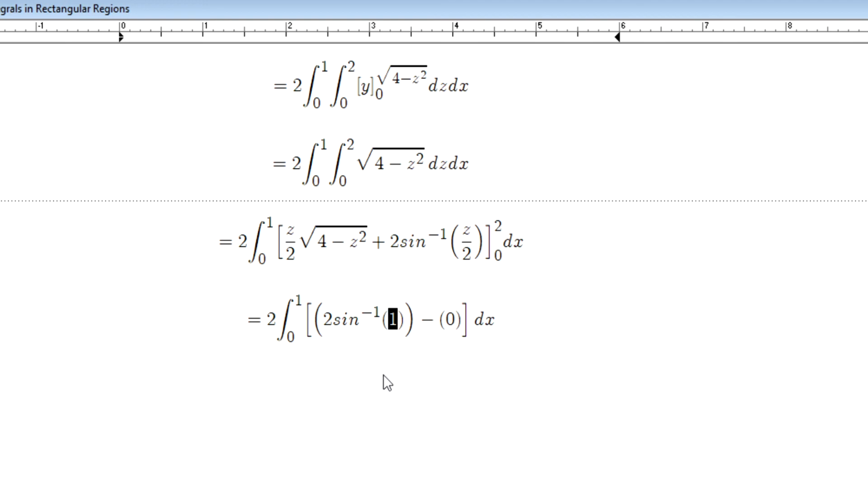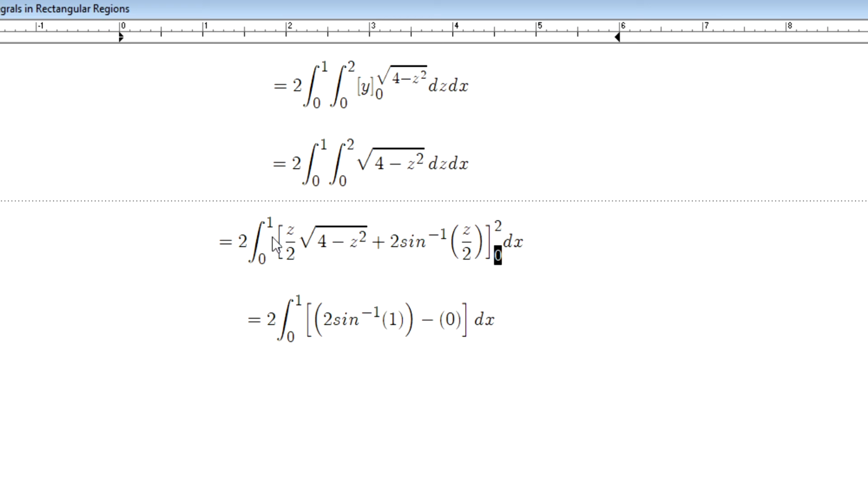We're saying, what angle measurement gives us a sine value of 1 from negative pi over 2 to pi over 2? This argument is pi over 2. The sine inverse of 1 is equivalent to pi over 2. So we'll substitute that in the next step and cancel it with 2. But before I move on, what I want to do is subtract that from what I get if I evaluate this at the lower bound of 0.